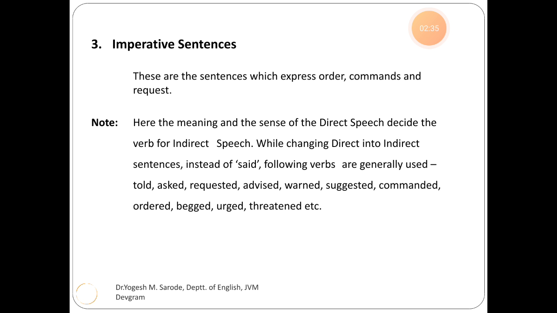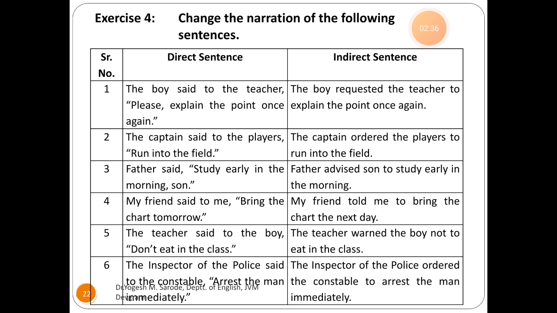These are the only changes. Now we'll see the examples. On the left side, there are direct sentences, and on the right side we have made indirect. So we'll make indirect sentences of the imperative type.